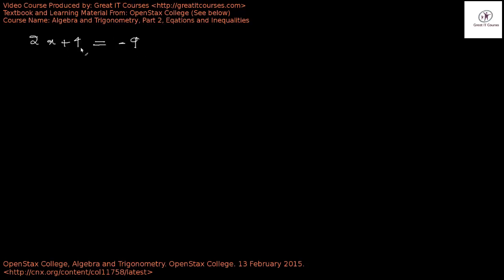Now, in order to solve this equation, I can take this 1 to the other side, so this would be 2x is equal to minus 9 minus 1, since plus 1 going to the other side becomes minus 1.